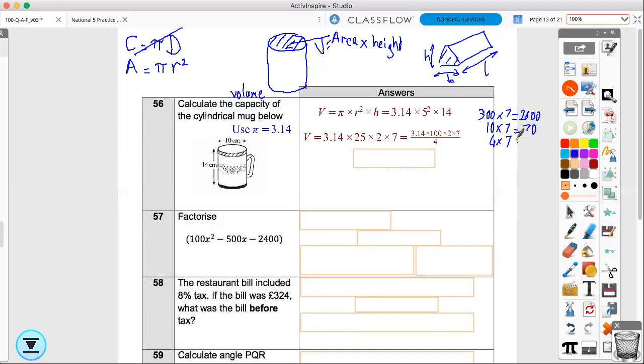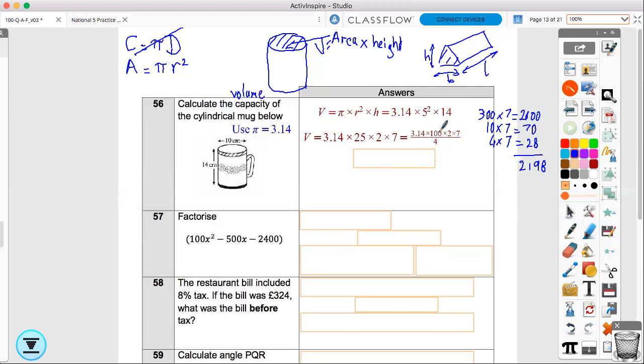And 4 times 7 is 2 times 7 times 2, 28. So if this was a non-calculator question, you've got 2,198. Yeah? That is 314 times 7.